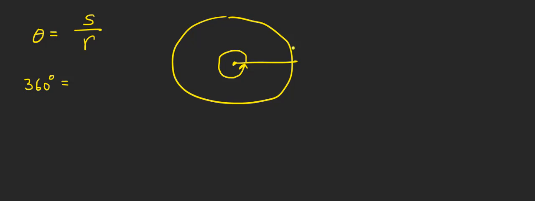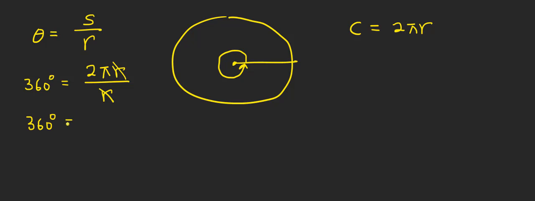Now, what is the measure of this intercepted arc? That is going to be the circumference of the circle, which is 2 pi r. So it's going to be 2 pi r divided by r. The r cancels out, and you get 360 degrees equal to 2 pi. Divide both sides by 2, and you get pi is equal to 180 degrees.